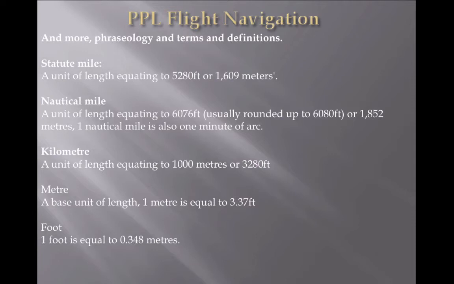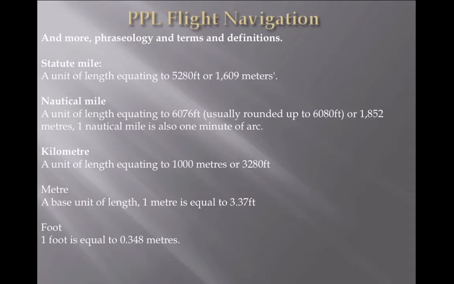Statute mile, unit of length equating to 5,280 feet or 1,609 meters. Nautical mile is a unit of length equating to 6,076 feet, rounded up to 6,080 feet or 1,852 meters. 1 nautical mile is also 1 minute of arc.